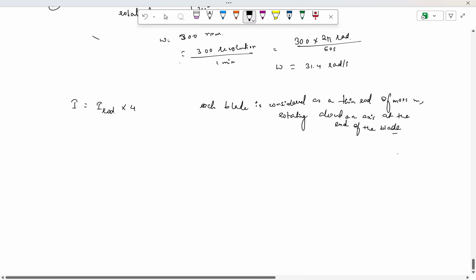So you already know the formula for how to derive the moment of inertia for a single rod, but there can be two cases. Either the axis of rotation is passing through the center of the rod and perpendicular to it, or the axis is passing through one end of the rod and perpendicular to it.